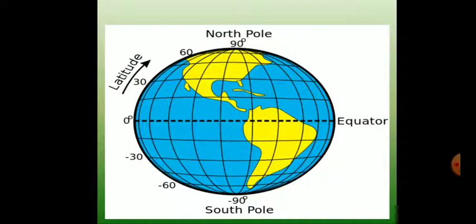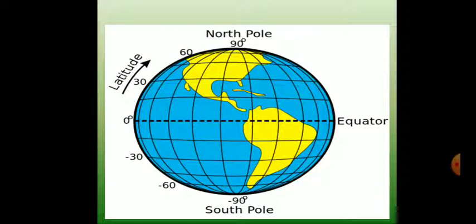Let us understand with the help of a diagram. As I already told you, all the parallel circles you can see in this picture, from the equator up to the pole, are called parallels of latitude.